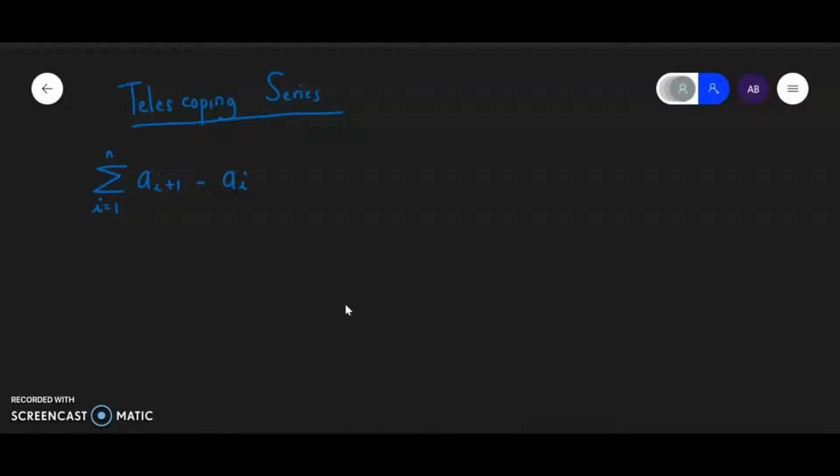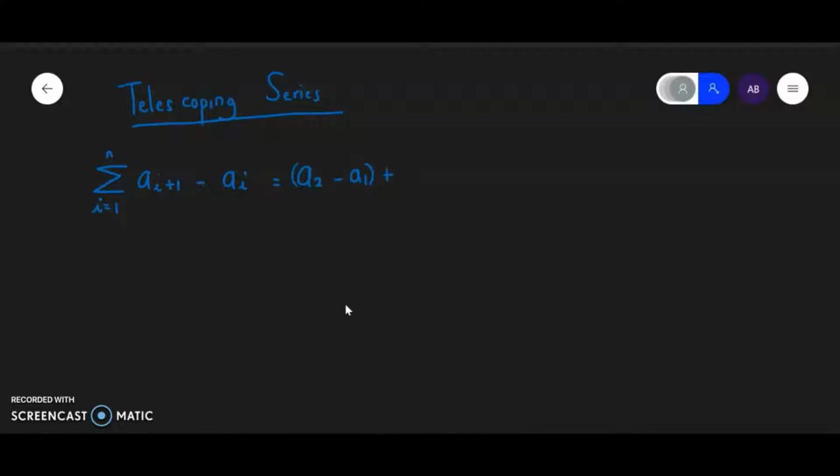For a geometric series, you know it is a series with a power of something, like n minus 1. But for a telescoping series, you have a summation where successive terms cancel out. Let's look at this one. When i is 1, I have a2 minus a1.